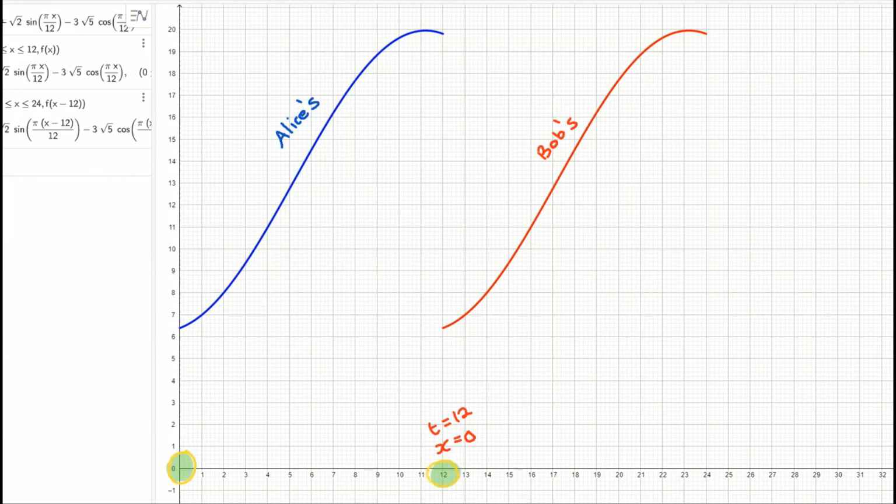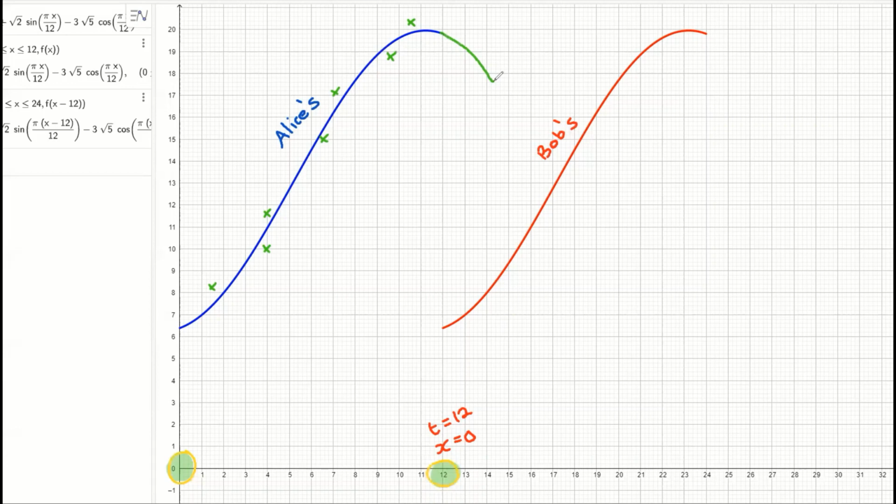So she might have plotted this model based on having lots of data points like this, perhaps, and she's got a reasonably good model of the depth of the water. Bob hasn't done that. Bob has just taken her model and translated it by 12 hours. And if Bob was supposed to be measuring the same thing, then we know from this diagram that Bob's model should start where Alice's model left off by doing something like this. Okay, but it clearly doesn't, because he's been a bit careless in interpreting what Alice has done.